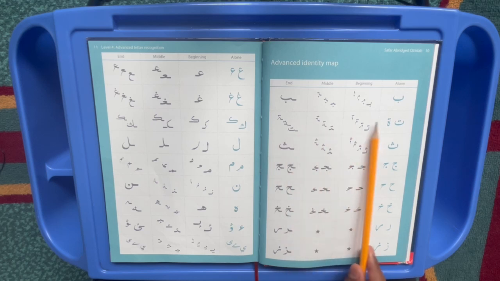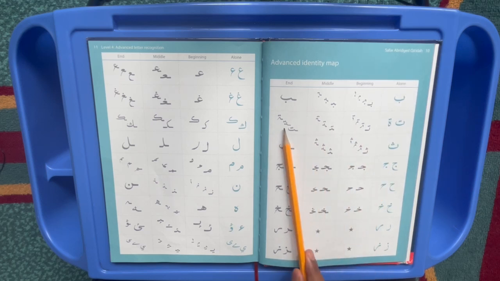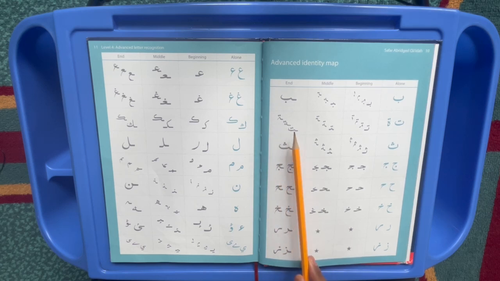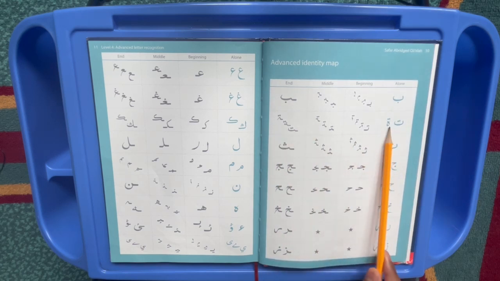So this is specific just for the round ta. Even when these letters and these ways of the ta come up, it will still be a normal ta. It's just because of this round ta which has been shown and mentioned here.